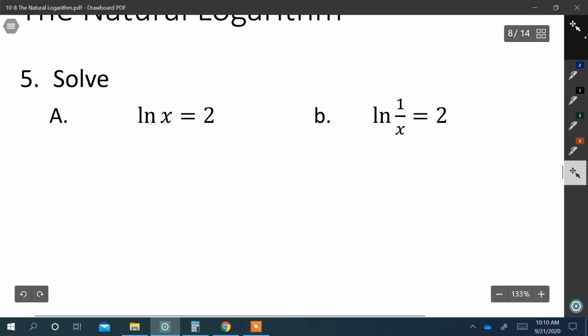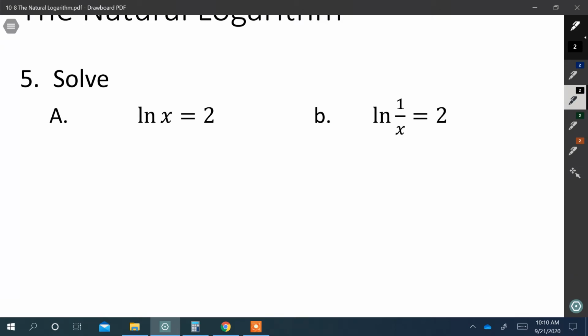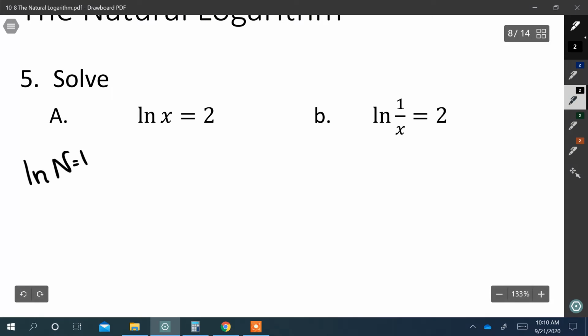All right, we're going to be solving those. We can do that by simply translating from logarithm form into exponential form. Once again, the formula is natural log of n is equal to k, and that will be equivalent to e to the k is equal to n.